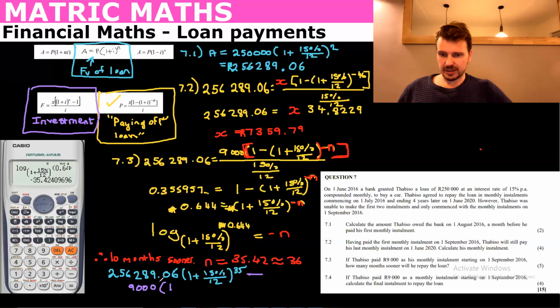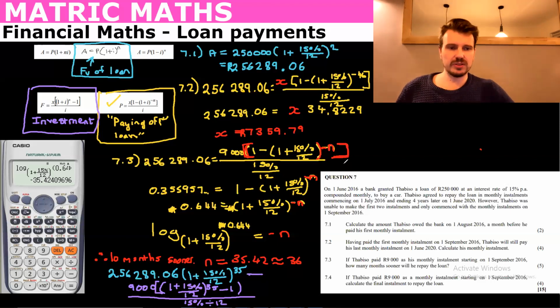Square bracket, 1 plus 15% over 12, close brackets, and this was 35 months, minus 1, all divided by the interest, which is 15% divided by 12. I don't really have enough space, so I'm just going to write divided by 12.